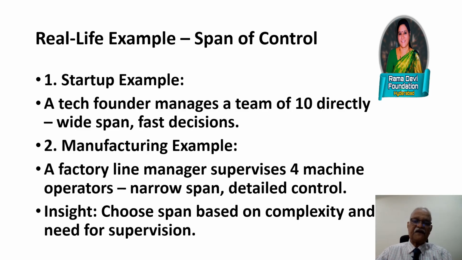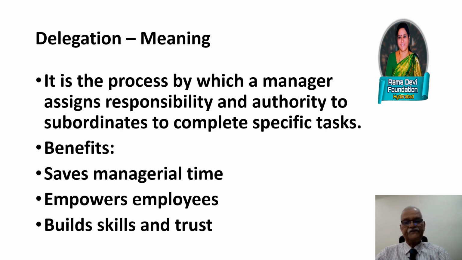Second example is a manufacturing site. A factory line manager supervises 4 machine operators, narrow span it is called, and it's detailed control. The insight here would be choose span based on complexity and need for supervision.